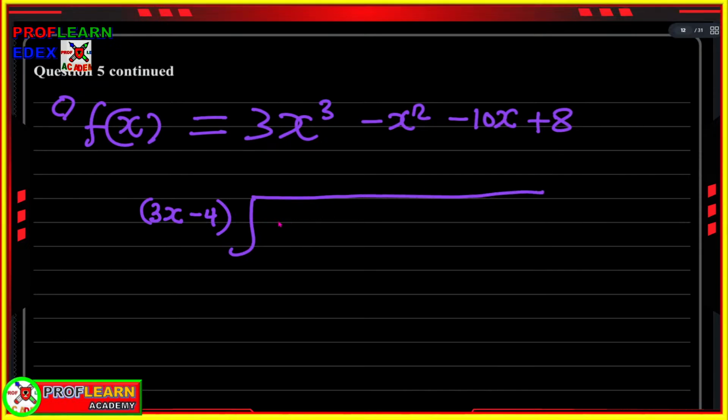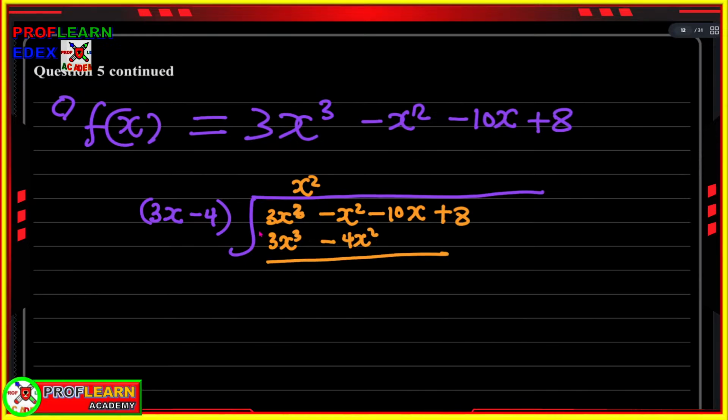We can say this is 3x cubed minus x squared minus 10x plus 8. We need to take here x squared, so that x squared times 3x will give us 3x cubed minus 4x squared. We subtract the two, and it will be positive 3x squared.